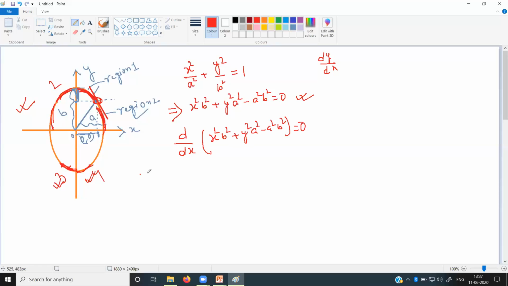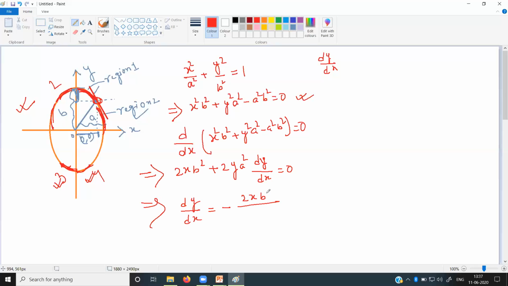So if you do the first order derivative, what will you get? You will get 2x b square plus 2y a square dy/dx equals 0. That indicates the value of dy/dx is minus 2x b square divided by 2y a square.